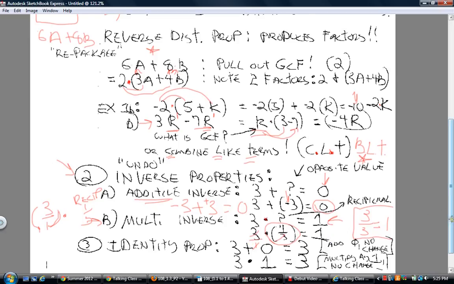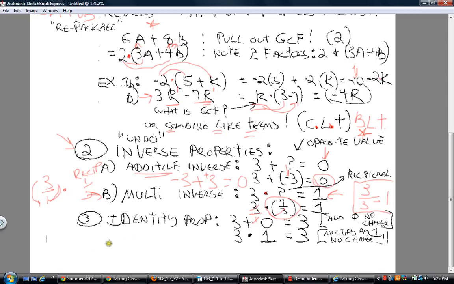Okay, one last thing. Objective 3 says identity properties. For addition, 3 plus 0 will always produce itself. 3 plus 0 is itself. How about when you want to do multiplication? 3 times what equals itself? The answer is 1. So the additive identity property is 0.